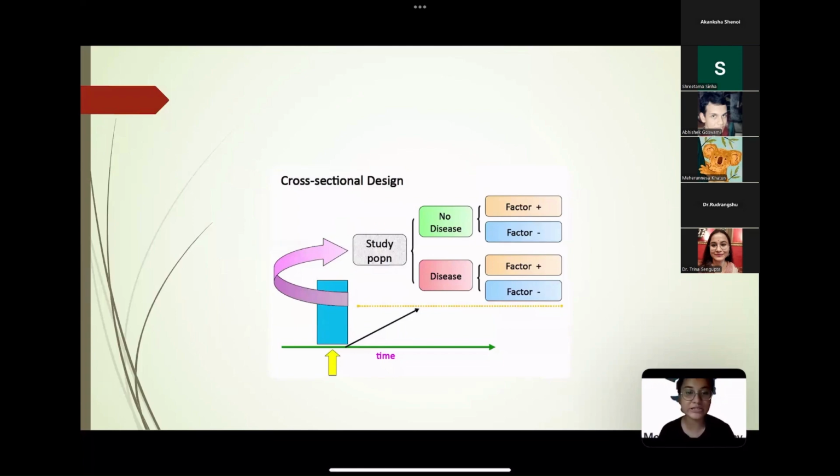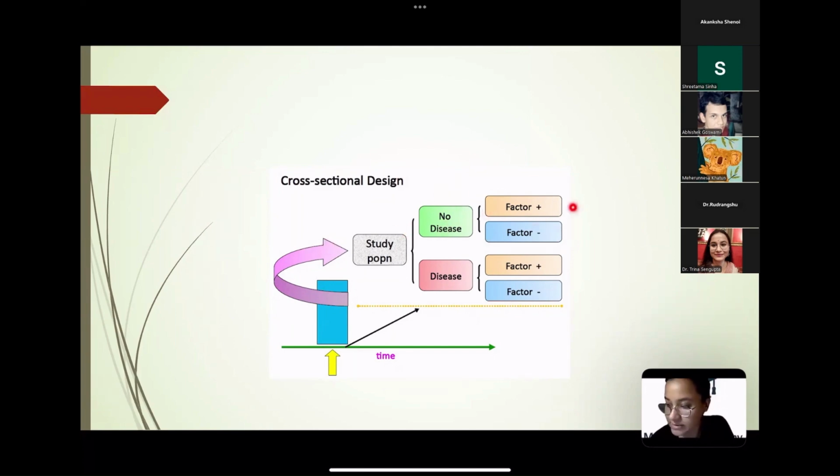Now, the cross-sectional design looks like this. Here there is a certain exposure. This is our study population. You see, at a single point of time, this bar represents our study population. So what can we see in that cross section of time? Having the disease, not having the disease.